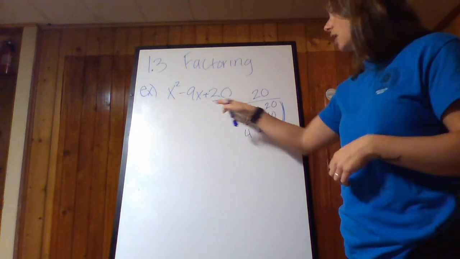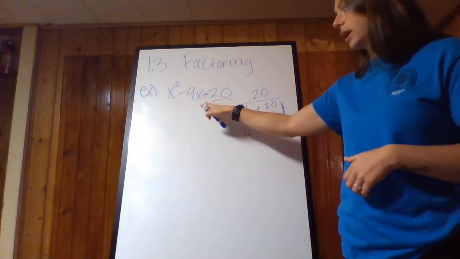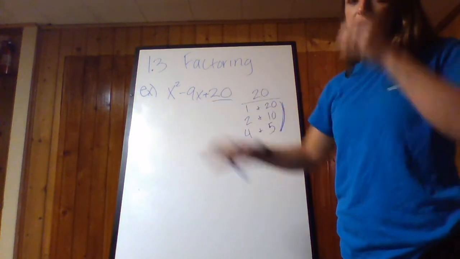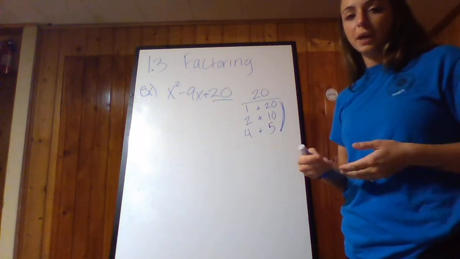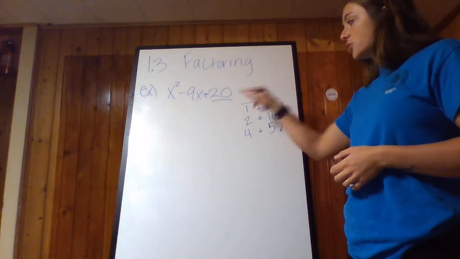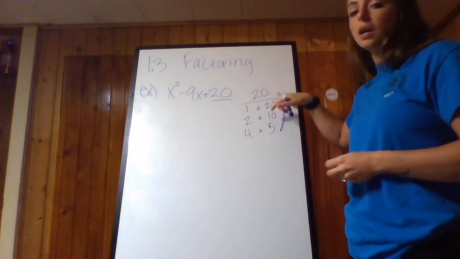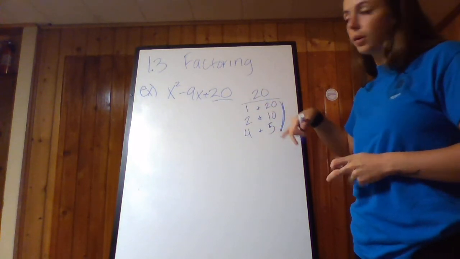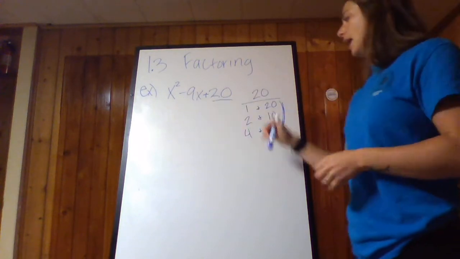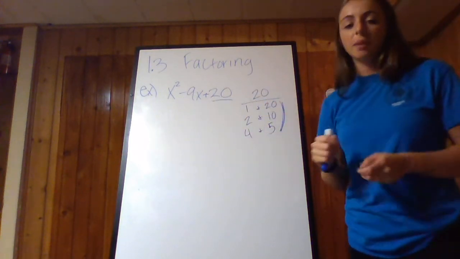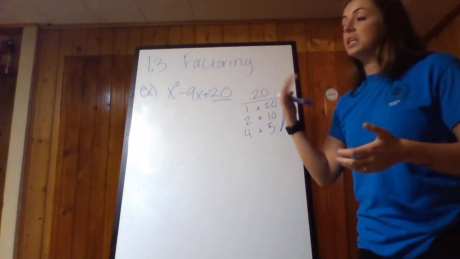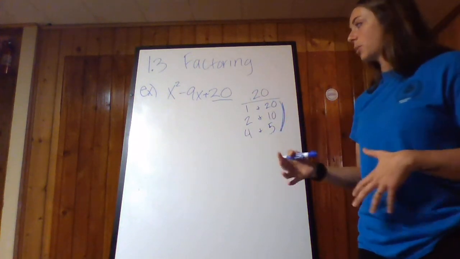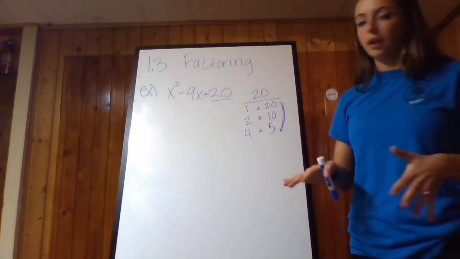So it does still have to multiply to be positive 20 and then add to be negative 9. So 2 negative numbers, when they multiply together, make a positive. So either of these numbers could also be negative. Okay? So the way I'm going to get to 9, 1 and 20. Any way I combine those, positive or negative, I'm either getting 19, negative 21, positive 21.